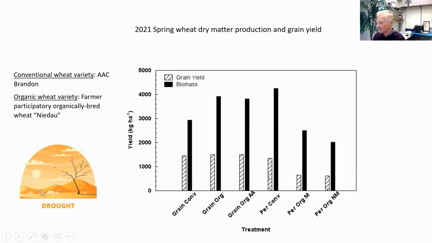We did a little better in the perennial conventional because we use no-till here. But that's probably not the only reason. Perhaps the other reason is we're fertilizing these rotations, whereas here we're relying on mineralization of nitrogen, which doesn't happen when you have no water.